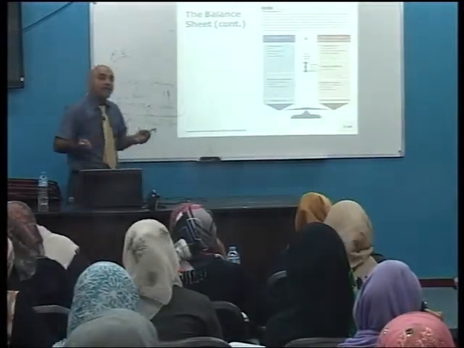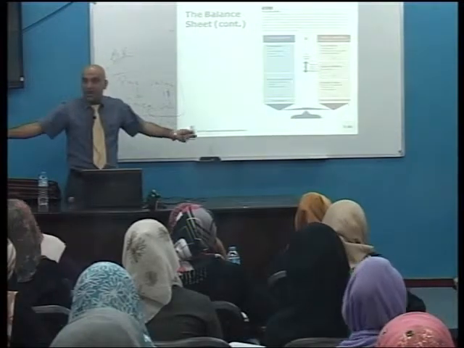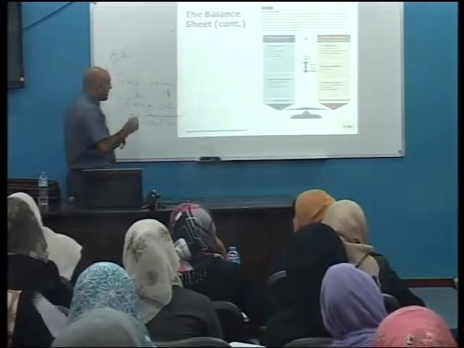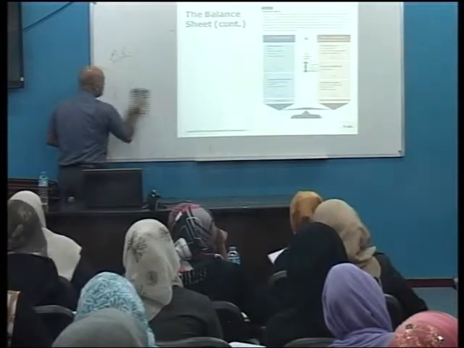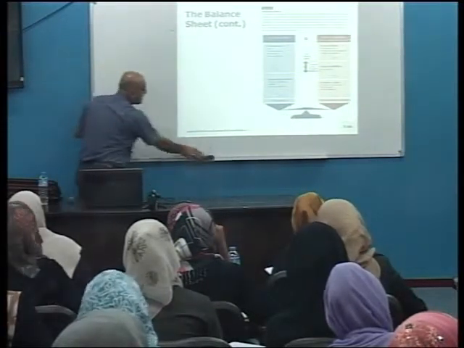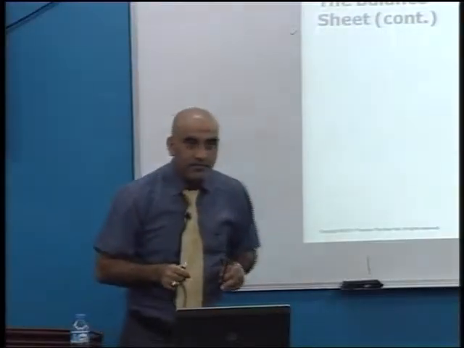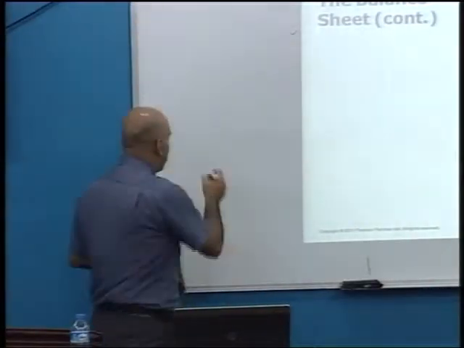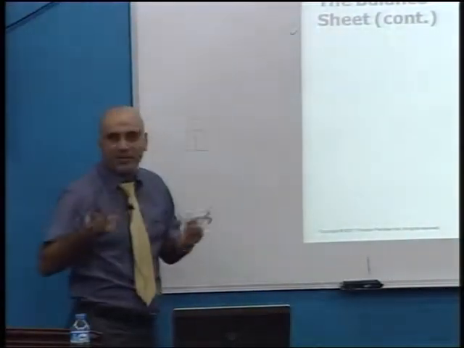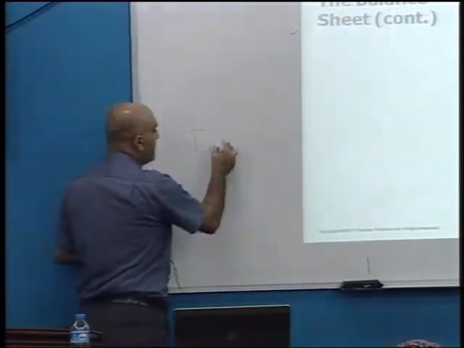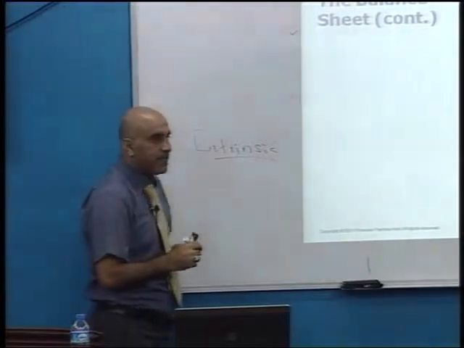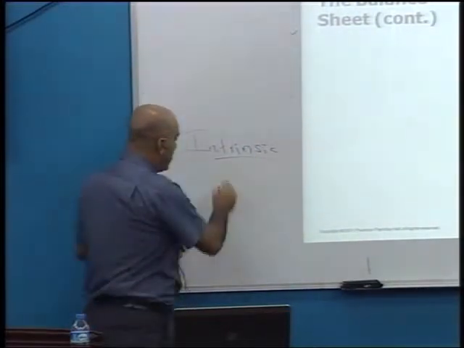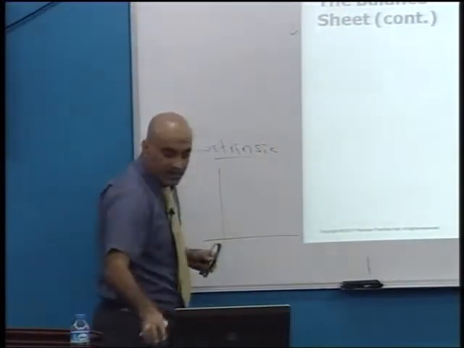Because this initial value is expected by the investors, and because we have many investors, let me give you an example of the initial value, which is called intrinsic value. So you see, we have many values of the stock. Intrinsic value, and this is the market price.